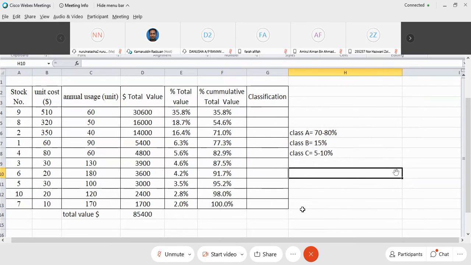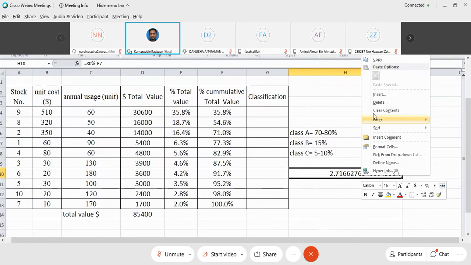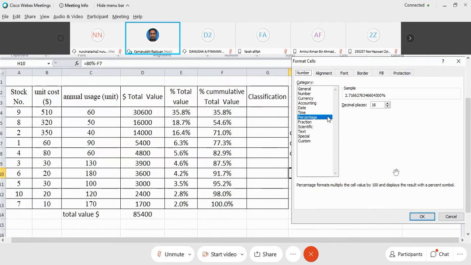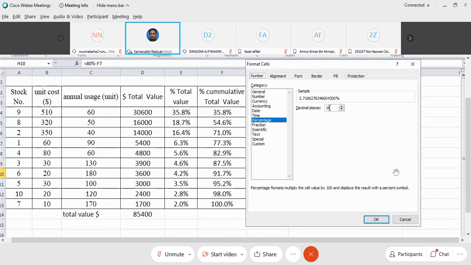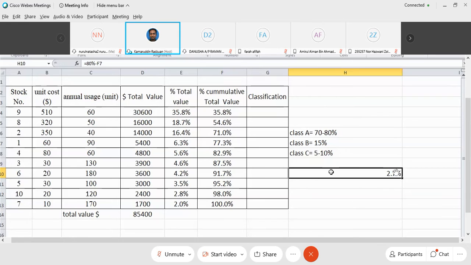Sorry. 80% minus 77, so we have here 2.7.